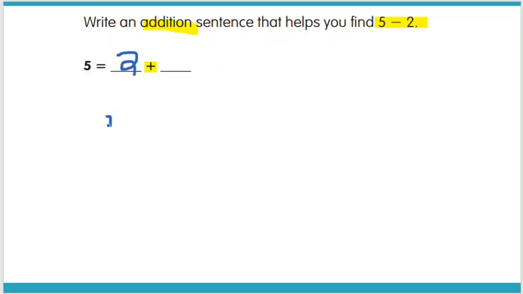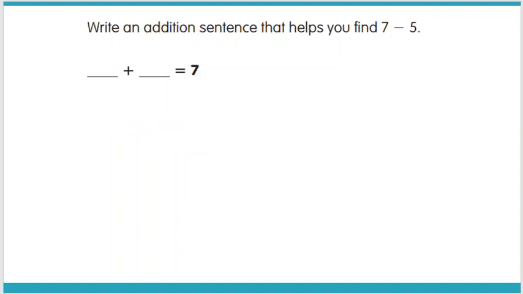If I have a group of 2, 1, 2, and then I'm going to get to 5, it's going to be 1, 2, 3, 4, 5, which leaves me with a group of 3. You guessed it, 1, 2, 3. So 2 plus 3 equals 5. Let's move on to the next one.